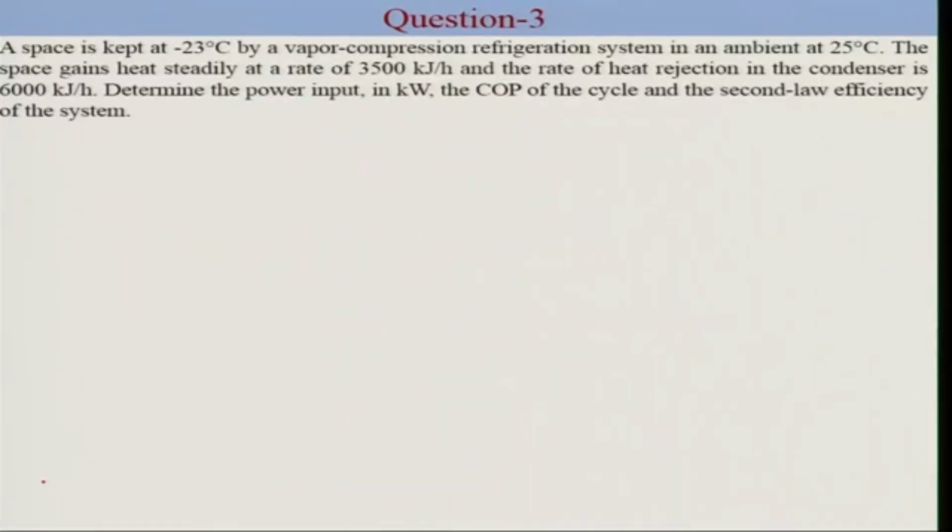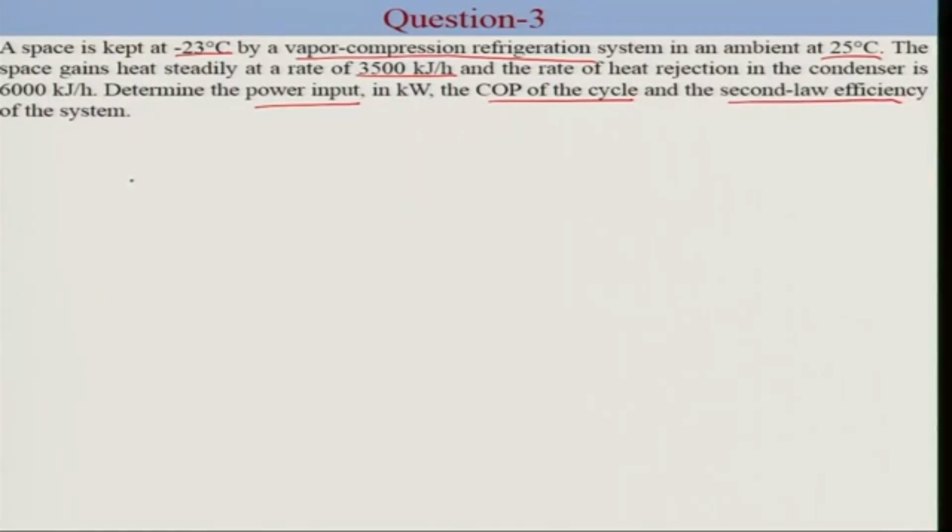A space is kept at minus 23 degree centigrade by a vapor compression refrigeration system in an ambient at 25 degrees centigrade. The space gains heat steadily at a rate of 3500 kilojoule per hour, and the rate of heat rejection in the condenser is 6000 kilojoule per hour. Determine the power input in kilowatt, the COP of the cycle, and the second law efficiency. Okay.